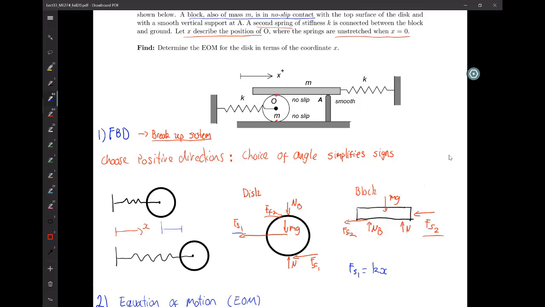It's not x, right? Not necessarily. So we need a second coordinate, and I'm going to say that this coordinate is going to be positive in this direction.